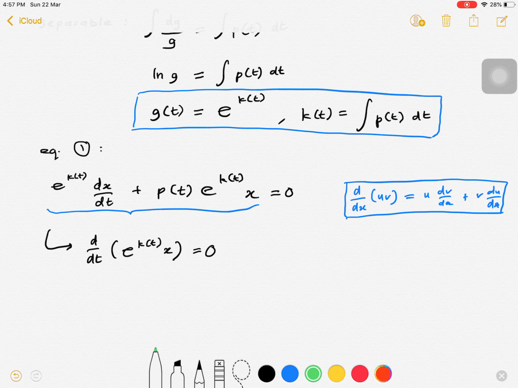So we know that x is the normal equation, and this is the derivative. Okay.